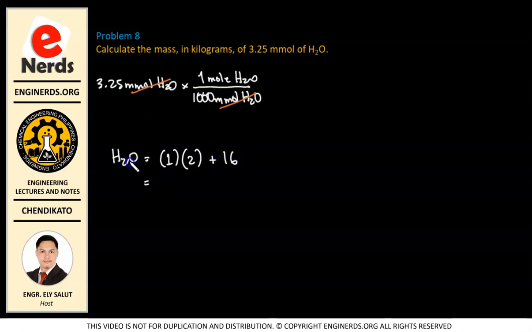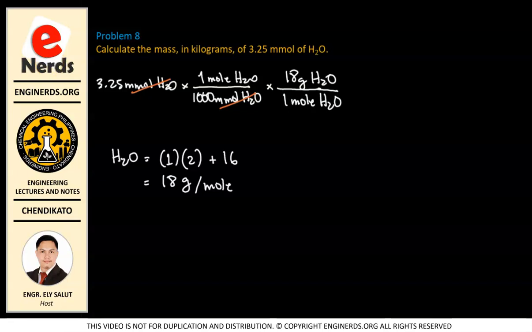So the formula weight for water will be 16 plus 2, which is 18 grams per mole. Right? So we're going to use that here to convert the number of moles of water into grams of water. So for every 1 mole of water, we have 18 grams of water.